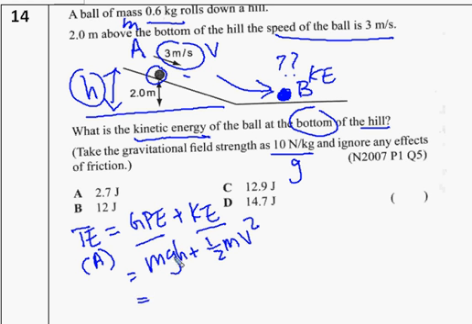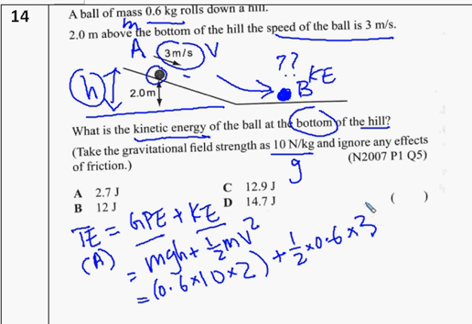So if we just substitute the values, 0.6, g in this case is 10, it's a constant number. Height is 2, so I work out this part, mgh. And don't stop here because I need to add half times 0.6 multiplied by my speed, which is 3 meters per second. I take 3, and remember, you must always square it, v squared.